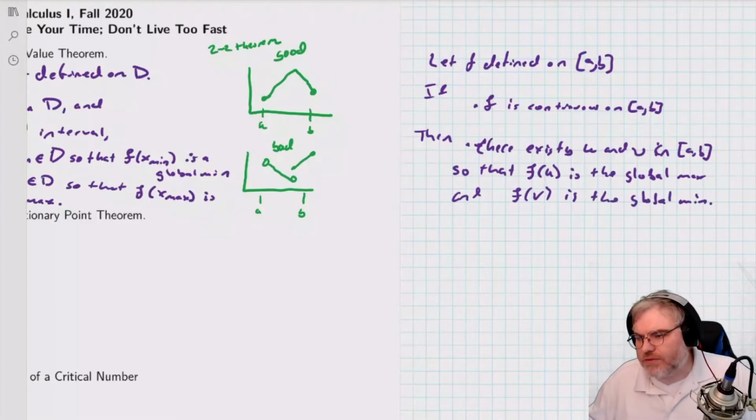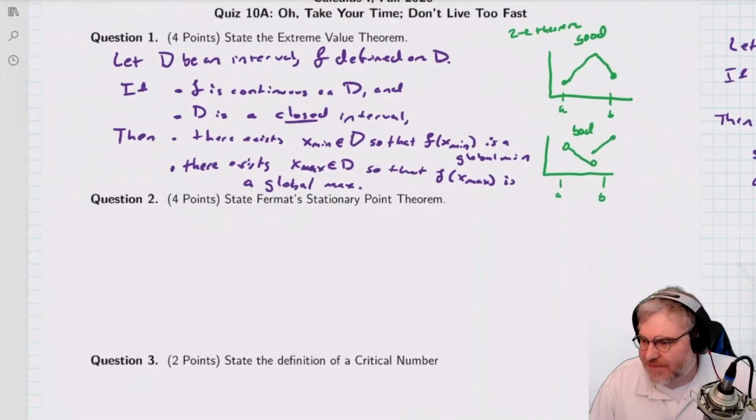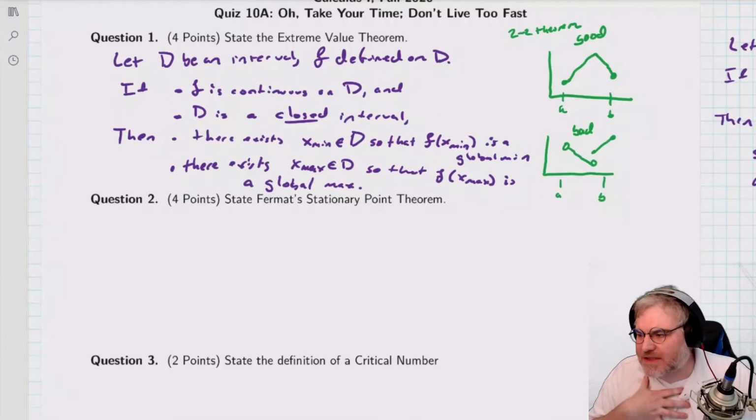That works too. There are a couple different ways to say this, but I like this one better just because it reminds me of the two things that really have to be true, right? The things are that F has to be continuous on the interval and this interval has to be closed. Okay?